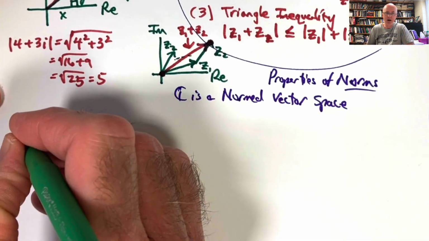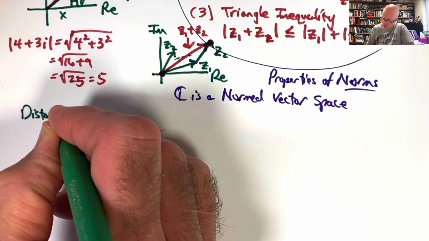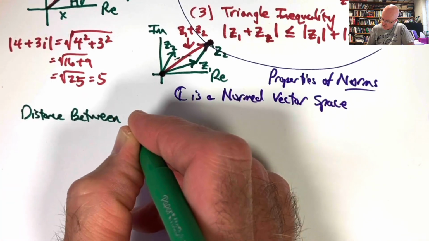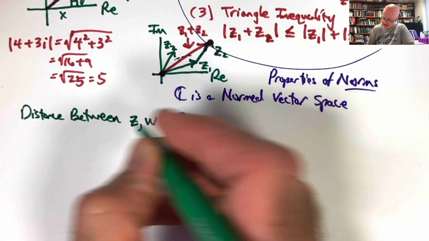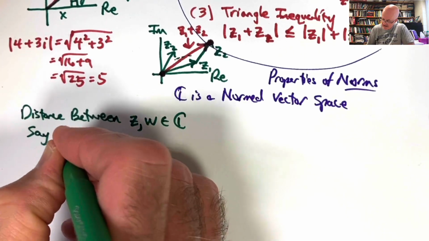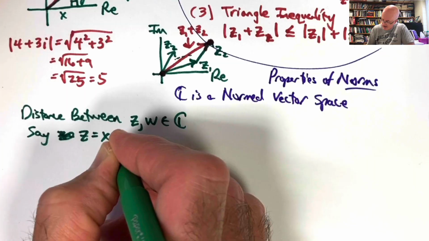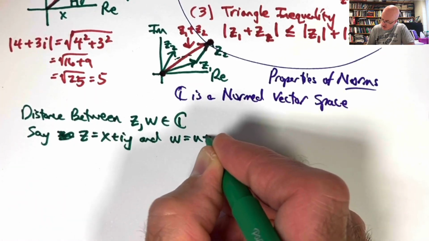So now we're going to talk about our main goal here, the distance between two complex numbers. Let's call them z and w in the complex numbers. Let's say z equals x plus iy, and w equals, say, u plus iv.